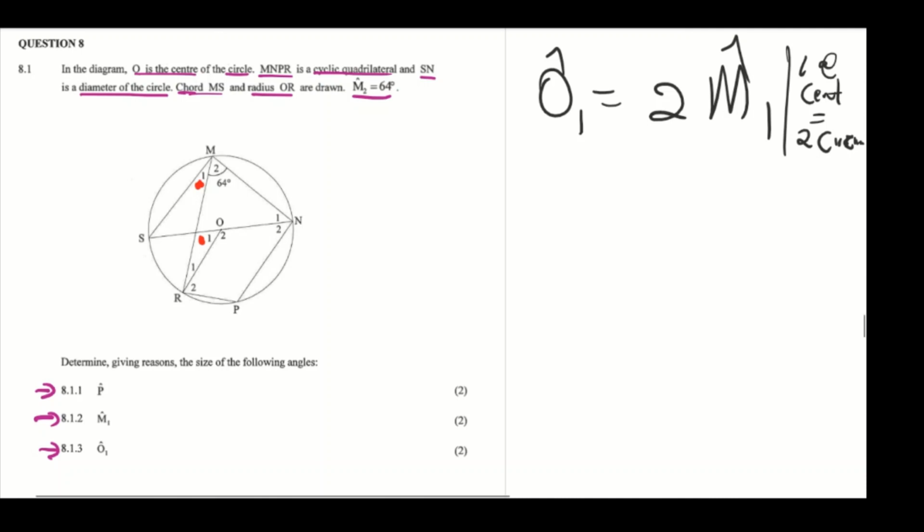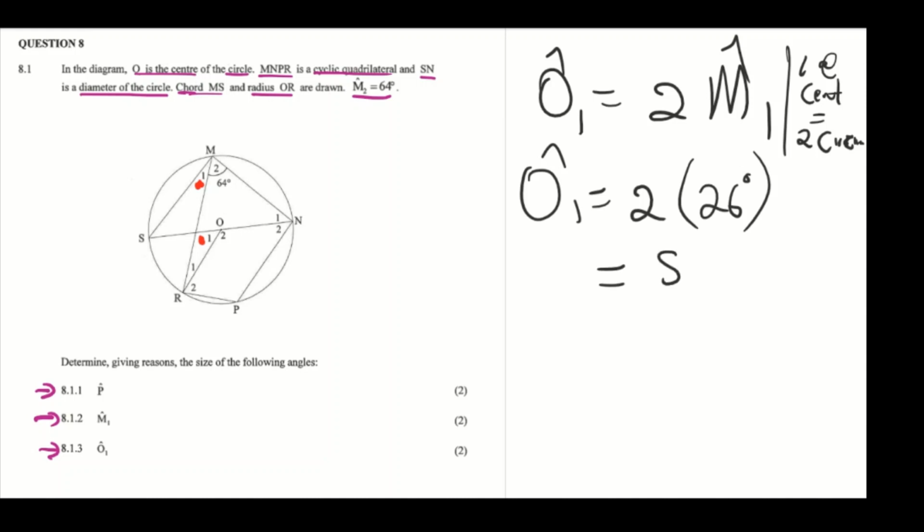We already know M1. So angle MO1 is equal to twice M1. In the previous question we found M1 to be 26 degrees, so it equals 52 degrees. This is your O1. So we're done with these types of problems.